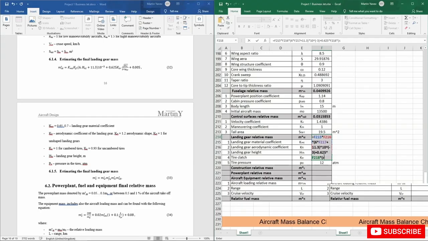So write SQRT and then PTR, and we will divide the SQRT by D, bracket 1 plus F219, where is the PTR. So let's close the first bracket and the second one, and then I'm simply going to add 0.005.